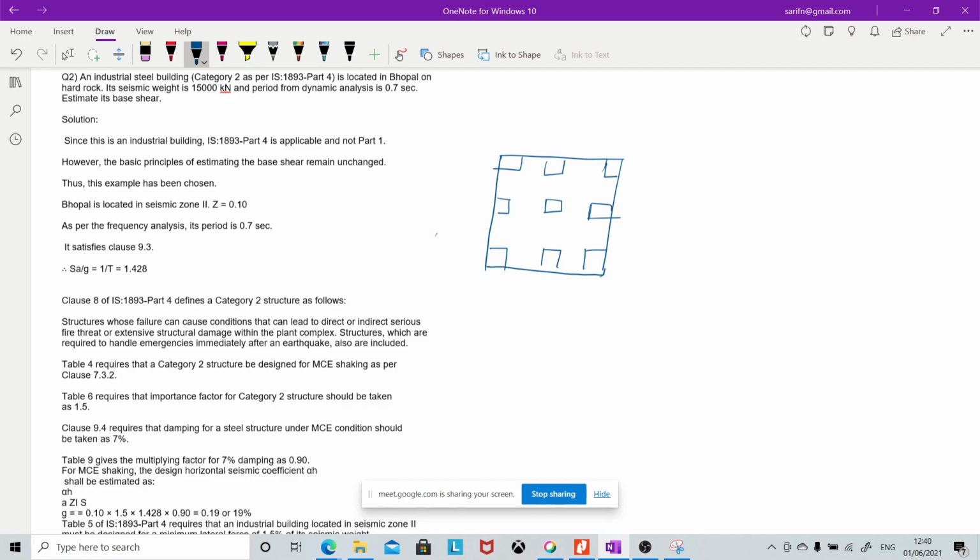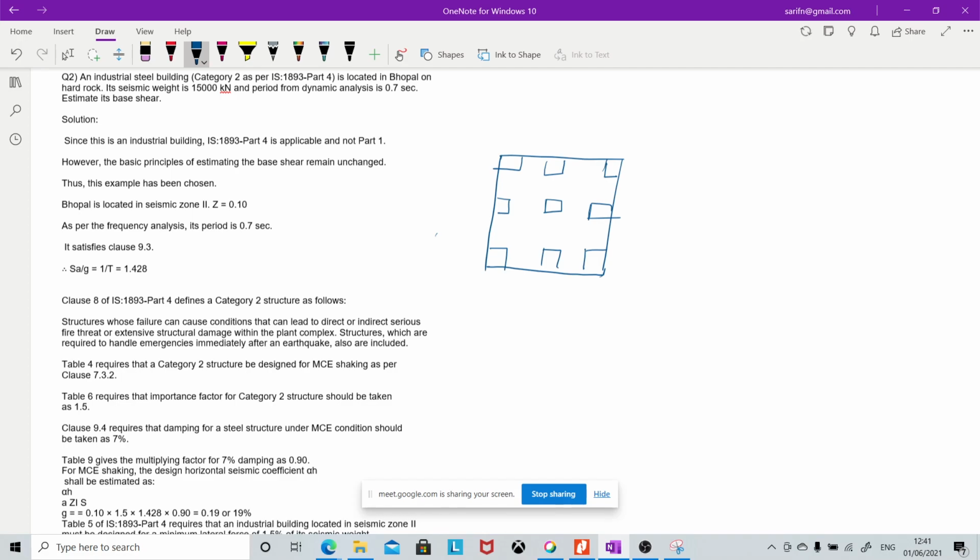It has got 9 columns. What gives beauty to this drawing?